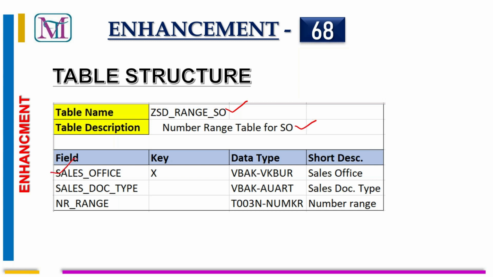Sales office is our key field, with technical name VBAK-VKBUR, description sales office. Then sales document type, technical name VBAK-AUART, description sales document type. Then NR underscore range. So this is all about the enhancement.